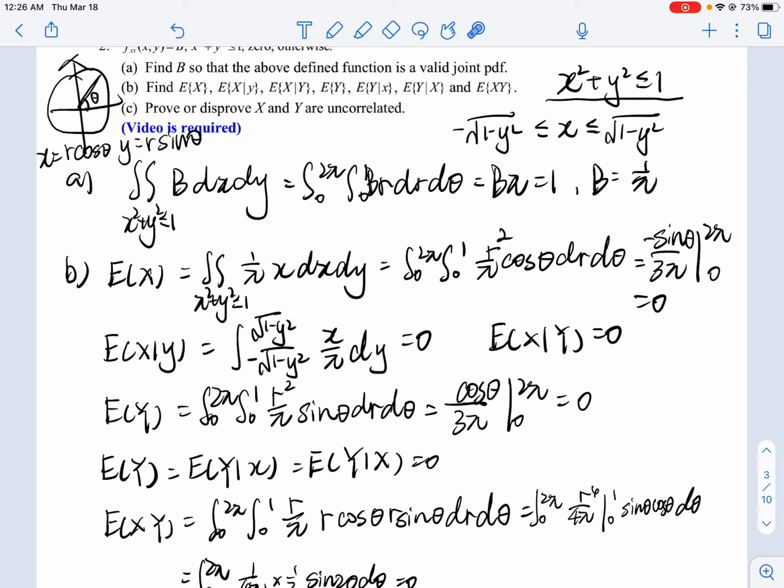And for every y, we need to do the integration from this range because the square of x and the square of y is smaller than 1, so we can know the range for x is the negative root of 1 minus y squared and the positive one.